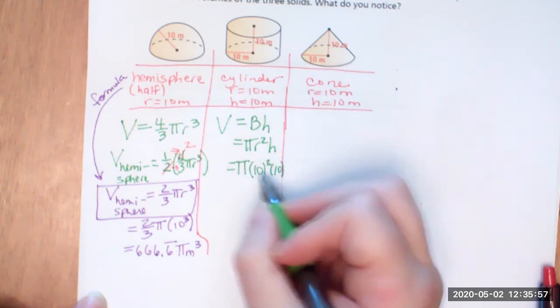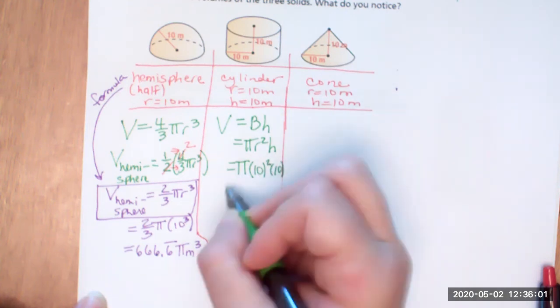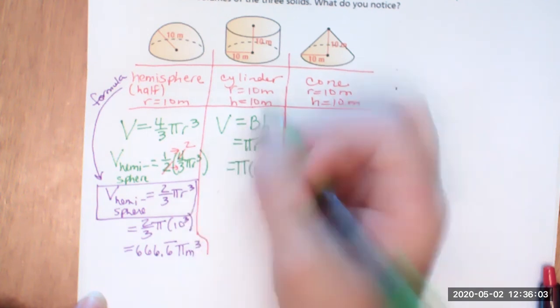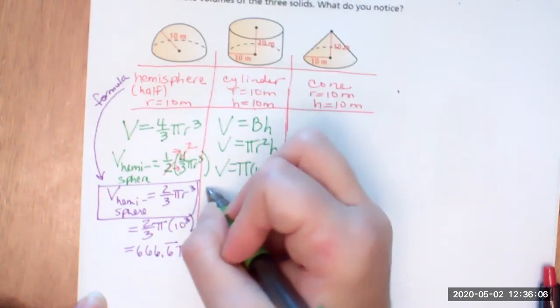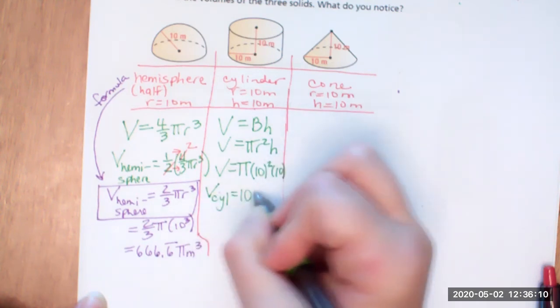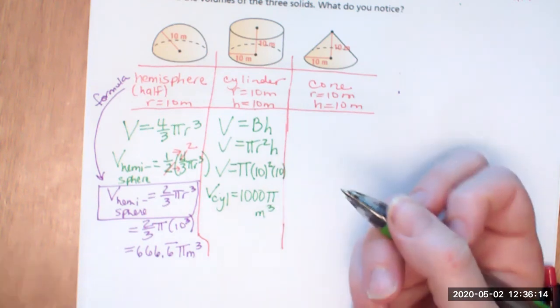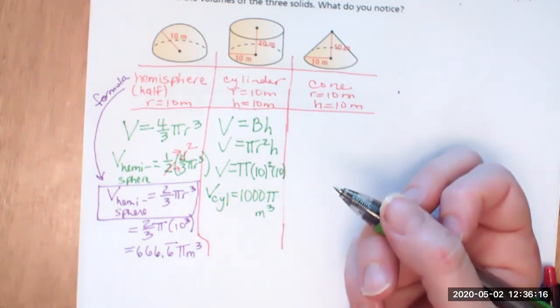So this is really just 10 cubed, right? Which is 1,000. 1,000 times pi. So the volume of the cylinder is equal to 1,000 pi cubic meters.